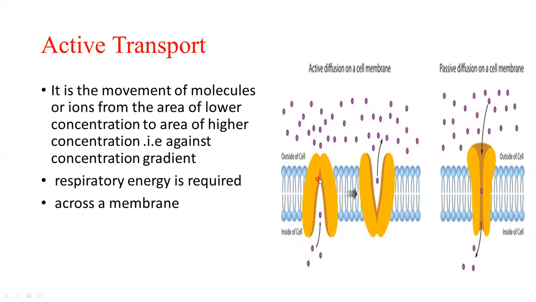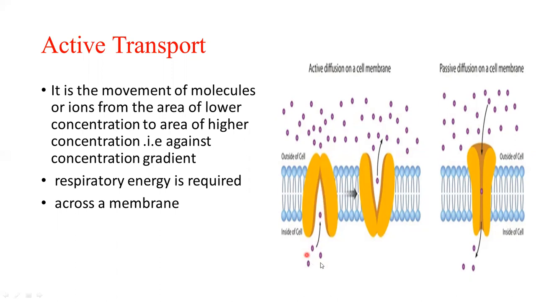Here is the diagram of a partially permeable membrane. Here are some protein channels, and outside the membrane there is a greater concentration of a substance, and inside the membrane there is a lower concentration of this material. When the substances move from lower concentration to higher concentration, they move with the help of respiratory energy.